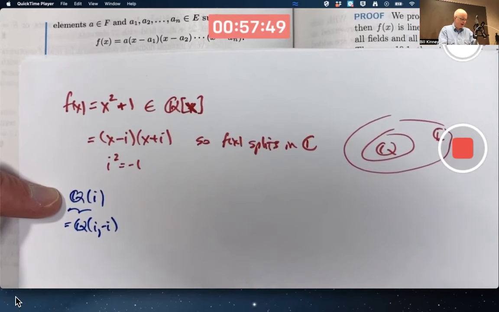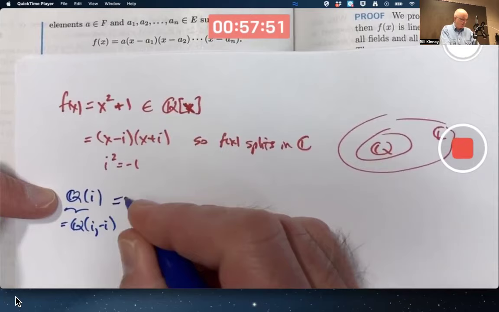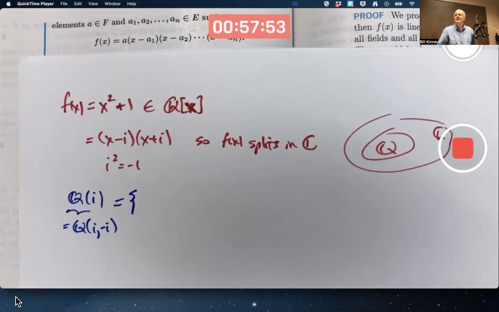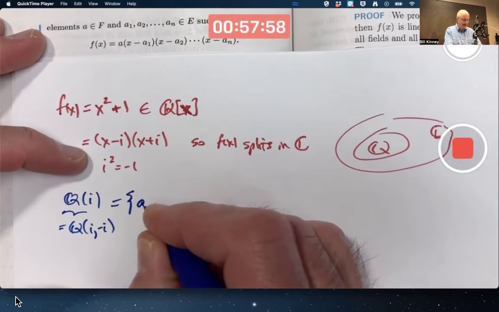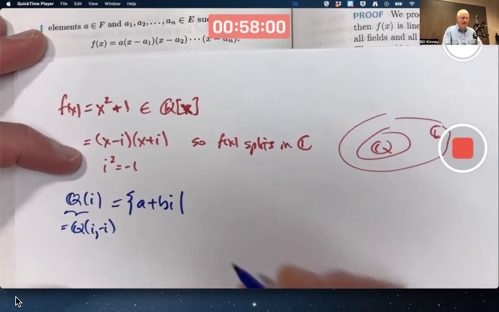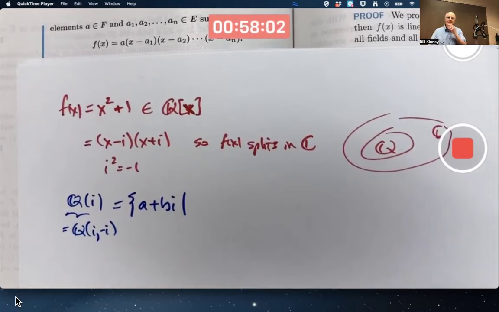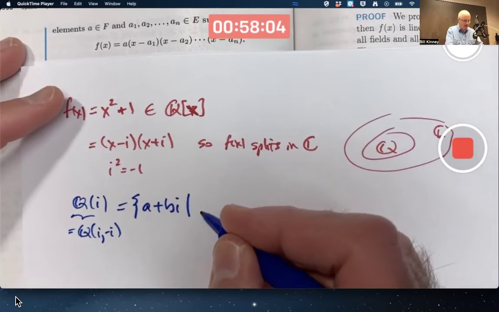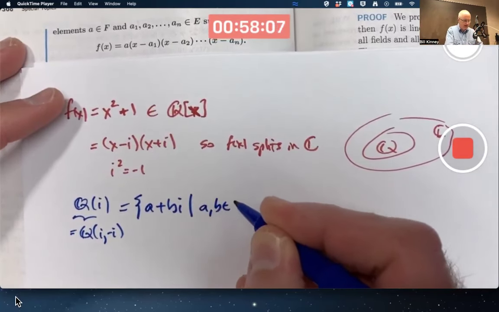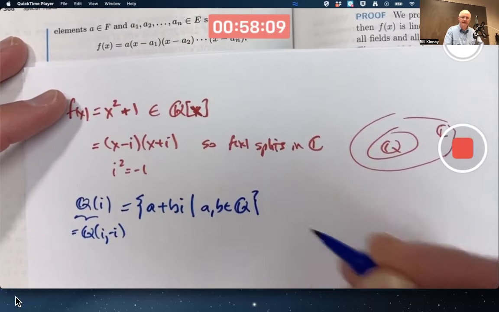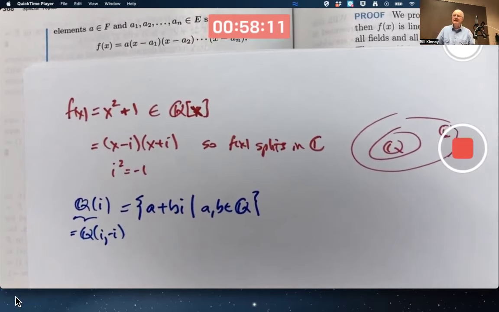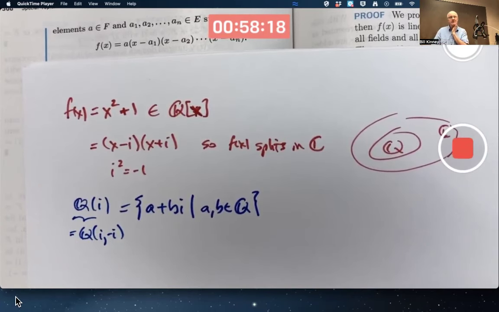What does it equal in another way? Is there a way to write the elements of this? Yeah. As a plus bi, where a and b are not arbitrary real numbers, but arbitrary rational numbers. It is a subfield of C. It's not a subfield of R, the reals, because i is not a real number.